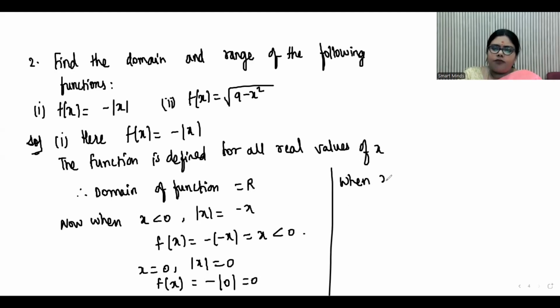Now when x is positive, mod x is x. So f of x is equal to minus x, which is negative. Here x is positive. And here it is negative.